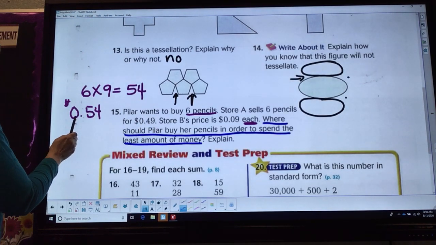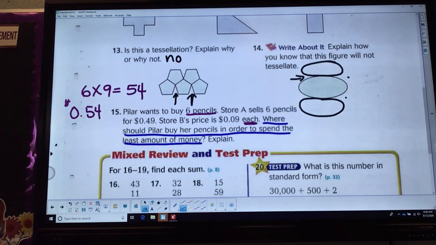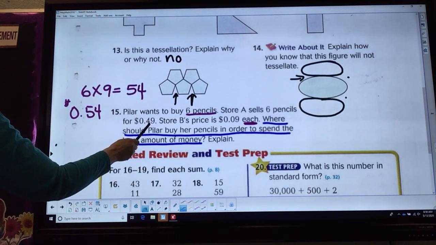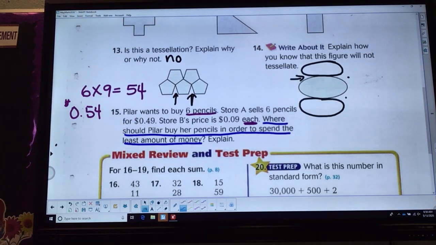Store B is 54 cents. I have to think to myself, which is the better price? Is it 49 cents or 54? Well, if we take a look at that, 49 cents is less than 54 cents, so Store A has the better buy.